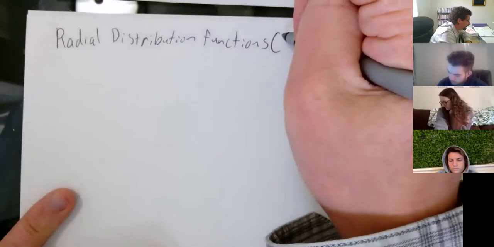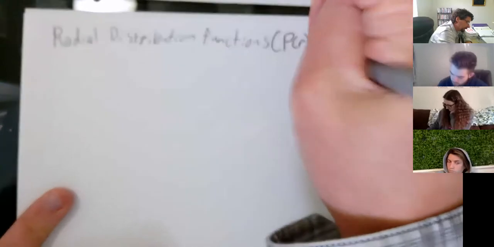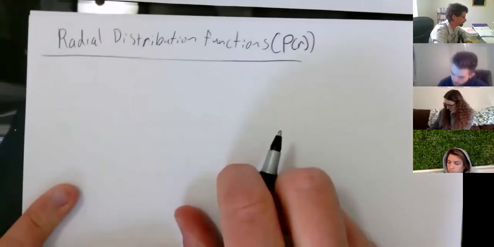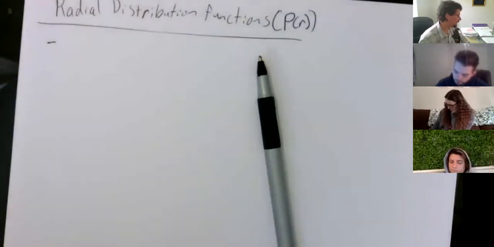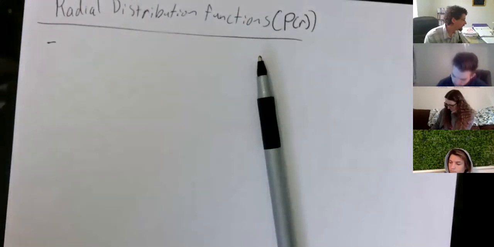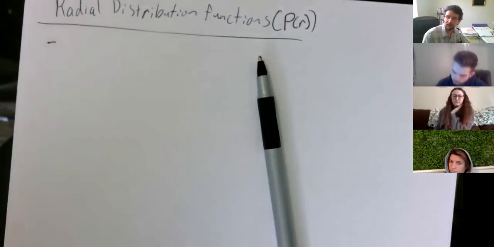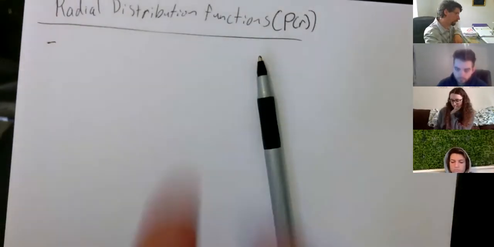We're going to call that P of R. So basically, we take a function, and if we multiply it by dr, we end up getting the probability of finding the electron at that point.